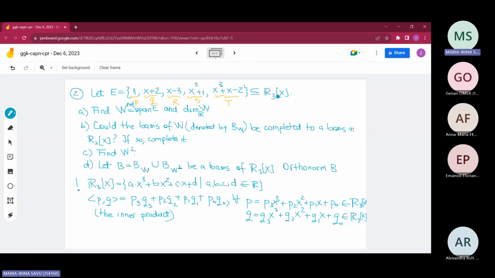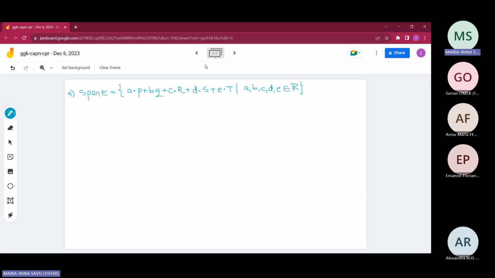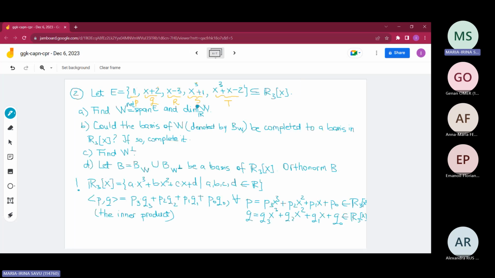So having here five polynomials, it means that you cannot have all the polynomials linearly independent because they are more than the dimension of this space. So in order to find easily the span, I'm going to extract from here only the polynomials which are independent. And in this way, I will find also the dimension of this space W.